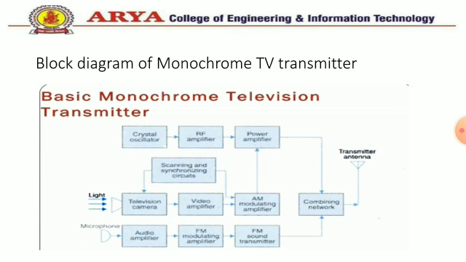For that we first have a crystal oscillator, and that crystal oscillator is given to the RF amplifier. Here we have the RF frequency, which we amplify first, and it is connected with the AM signal.